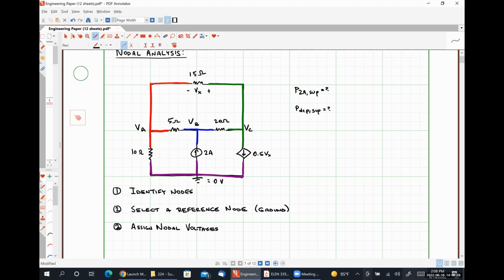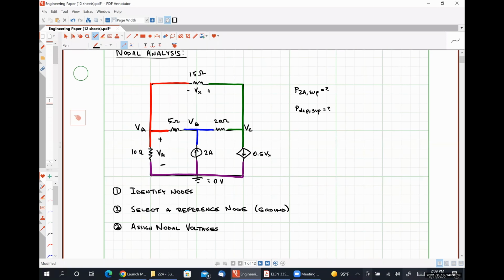I'm going to take a moment here to explain what these nodal voltages represent. The voltage VA has its positive polarity terminal at node A, and its negative polarity terminal at our reference node or ground. So our nodal voltage of VA is effectively just a shorthand notation for the voltage drop over our 10 ohm resistor.